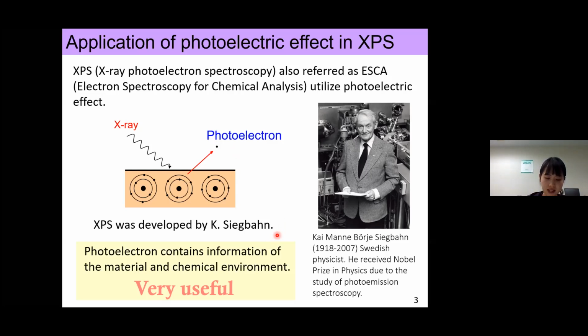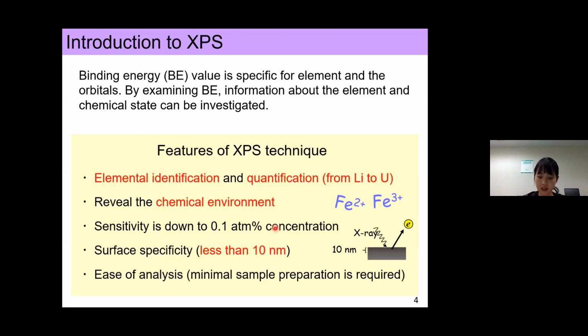In fact, binding energy of the photoelectron is analyzed in XPS. Binding energy, BE, value is specific for the element and the orbitals. By examining binding energy, information about the element and the chemical state can be investigated.